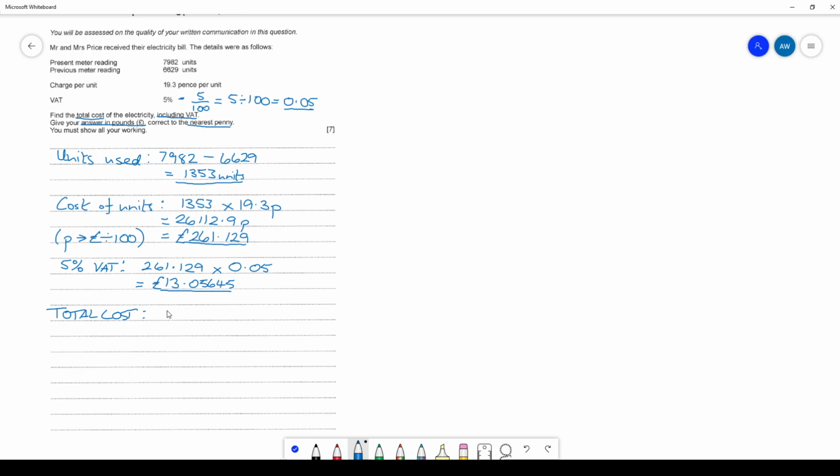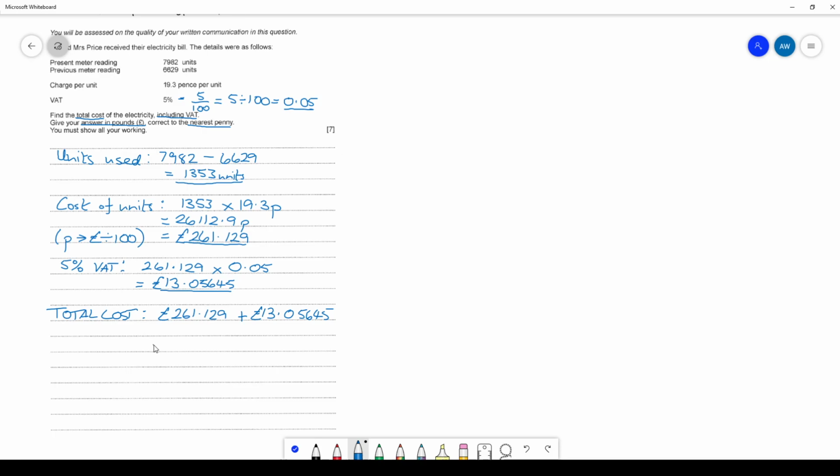Okay, so we take the cost of the units before I worked out VAT, which was £261.129. I'm going to add the VAT, which is £13.05645.